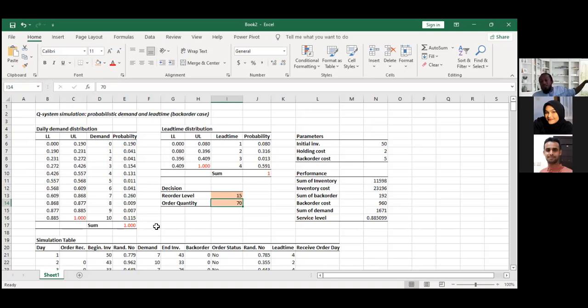When the batch size is 200, the error will be 30 again, because the real order is 170 but the production quantity is 200. So the total error is already 60 units. It will be amplified again all the way up to the first supplier. It is called the bullwhip effect.